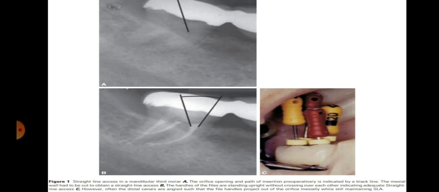And in picture C, however, often the distal canals are angled such that the file handles project out of the orifice mesially while still maintaining a straight line axis.